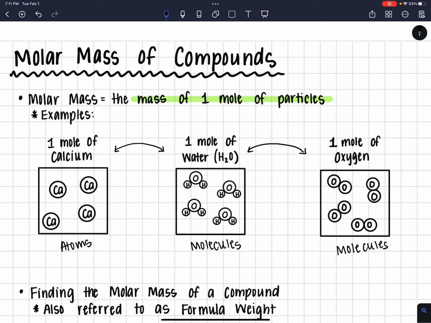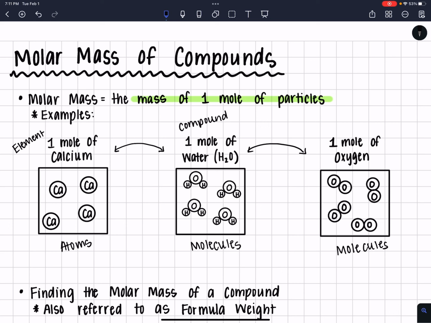But my point is that when I'm talking about a mole of an element like calcium, the particles are going to be atoms of calcium. And if I'm referring to a compound like water, because it's a composition of 2 different elements compounded together, I'm going to be referring to molecules.